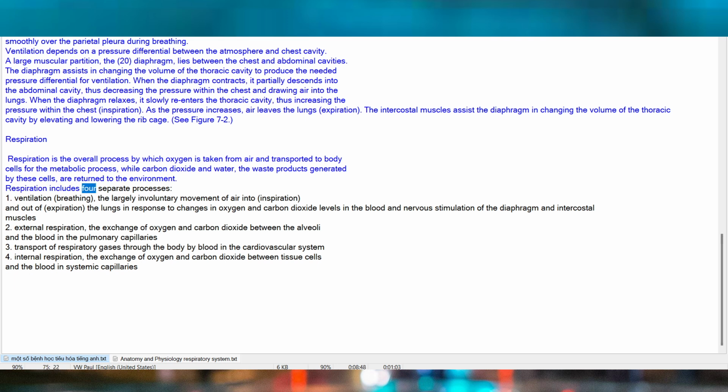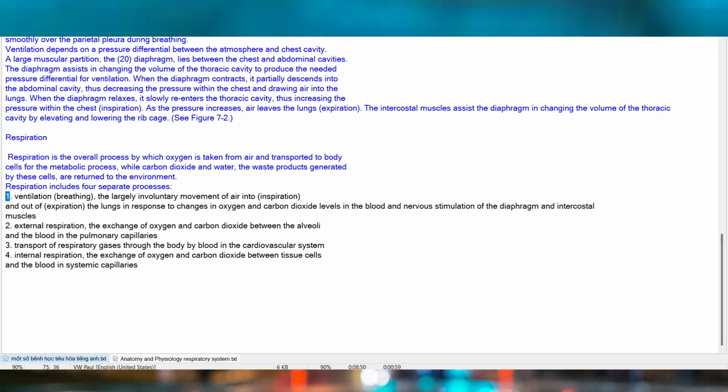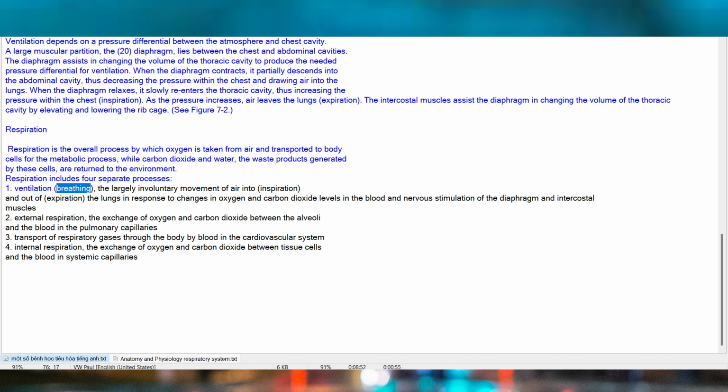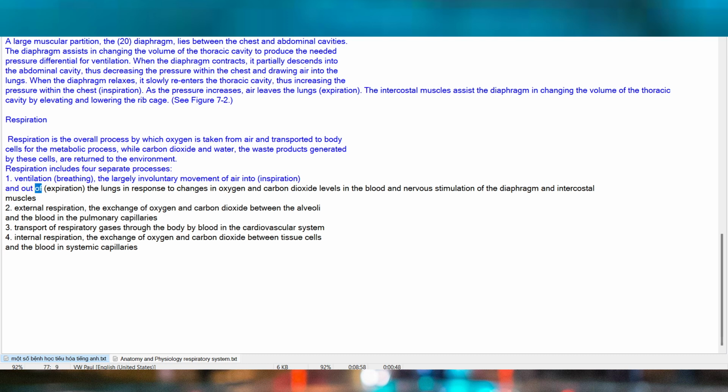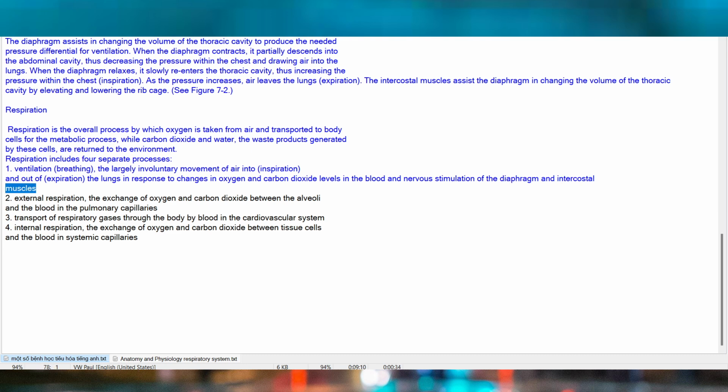Respiration includes 4 separate processes: 1. Ventilation, breathing, the largely involuntary movement of air into inspiration and out of expiration, the lungs in response to changes in oxygen and carbon dioxide levels in the blood and nervous stimulation of the diaphragm and intercostal muscles.